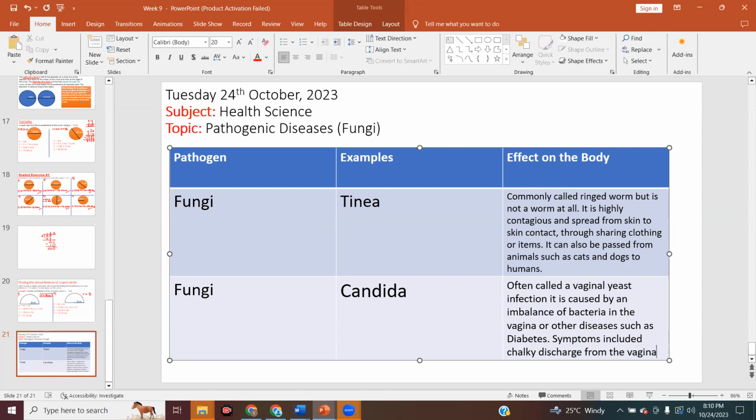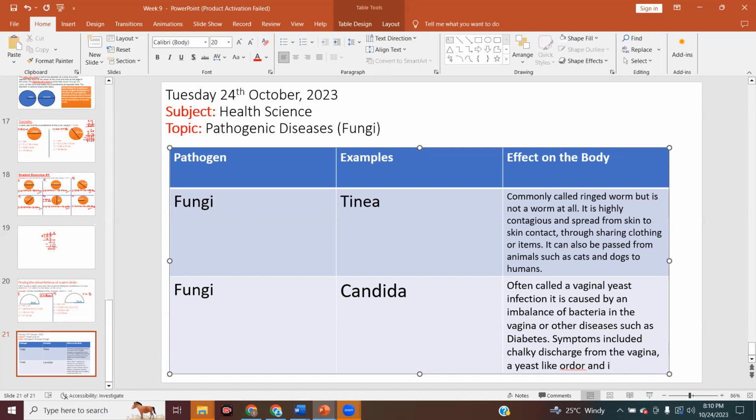It also smells, so it gives off a bad, yeast-like odor from that area as well.